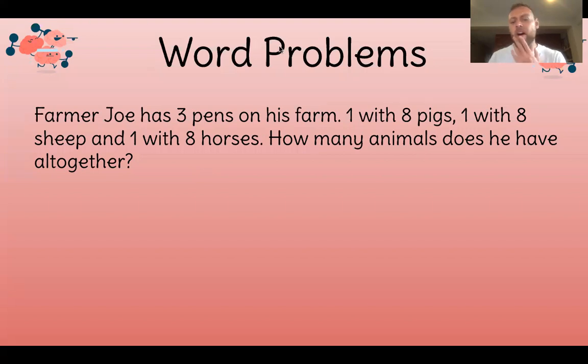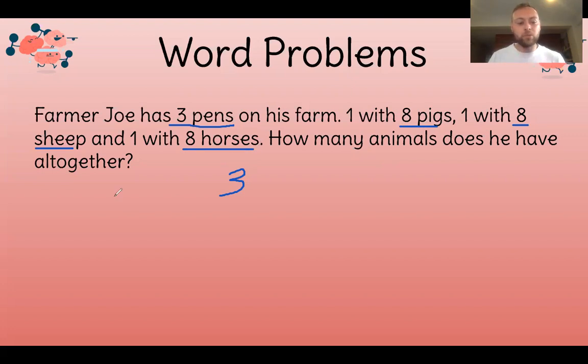So, what would my first bit of key information be? Yep, it's the fact he has 3 pens. He has 1 with 8 pigs, 1 with 8 sheep, and 1 with 8 horses. Okay.